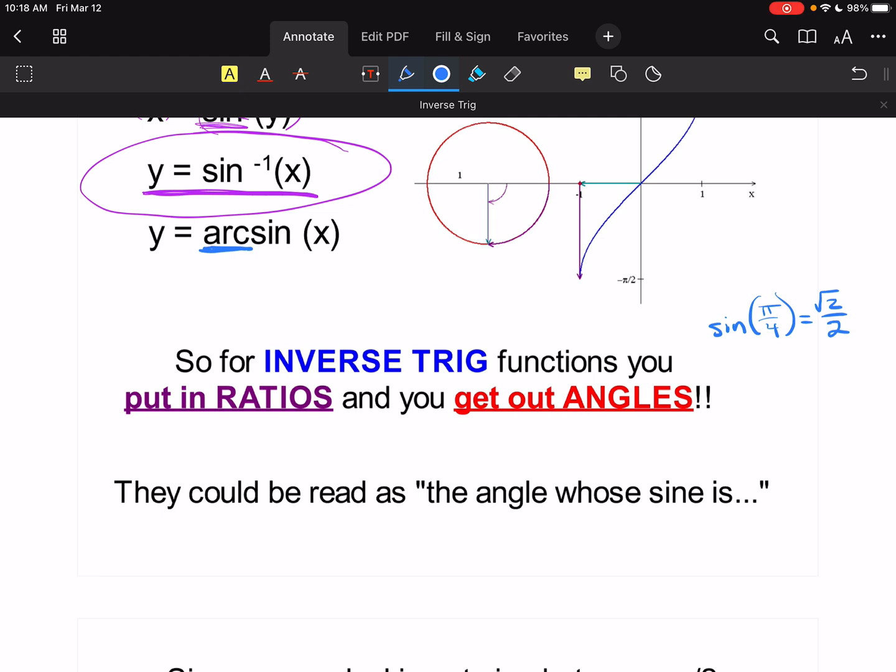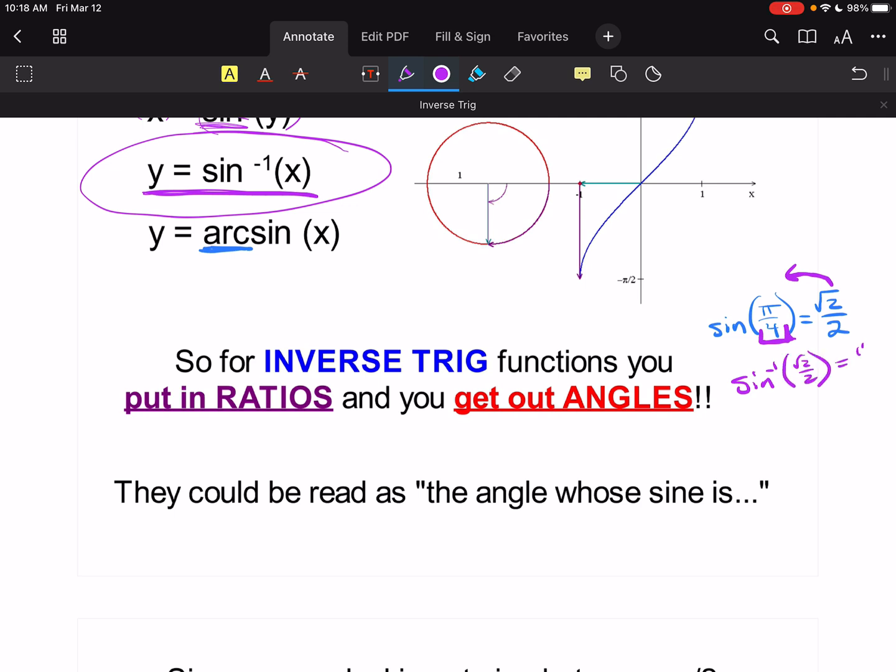The y value at the point after I rotate pi over 4 radians. Now, the inverse, we go in the opposite direction. So we start with the square root of 2 over 2, and then we identify, well, what angle measure goes with that ratio, right? So the inverse, we would get a problem like this.